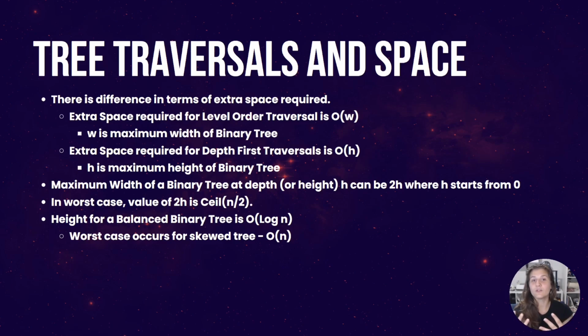Now that you understand all these different types of traversals, you can say with more confidence that in this scenario we should use inorder, or in this scenario we should actually do a level order traversal. It all depends on the problem you are trying to solve.